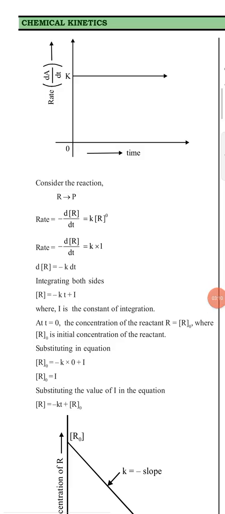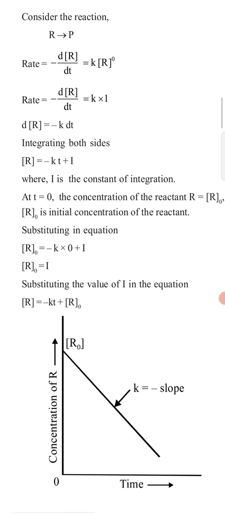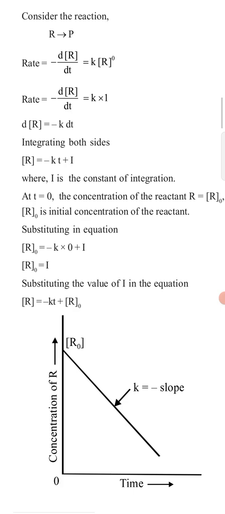So I equals [R]0. Substituting the value of I, [R] equals minus kt plus [R]0.